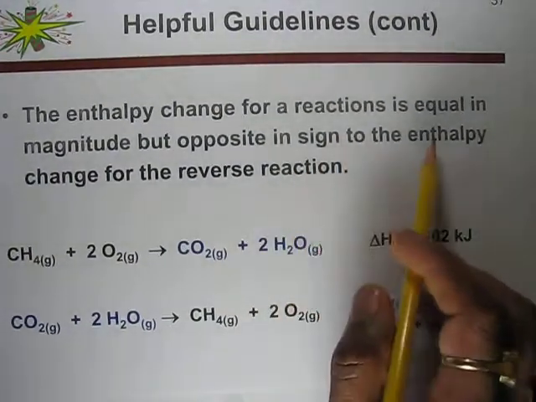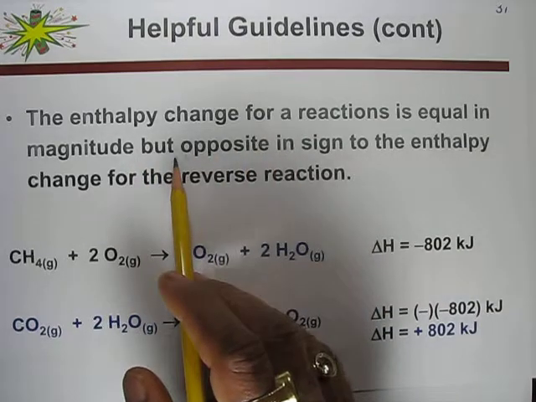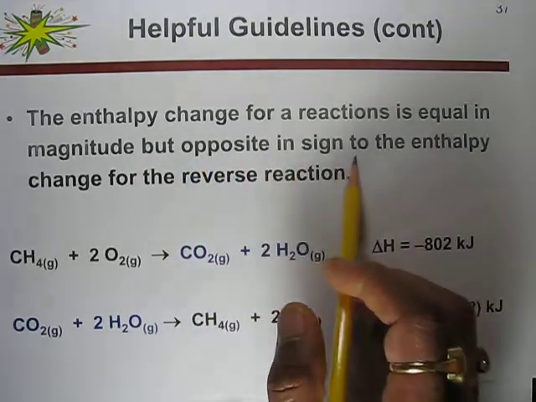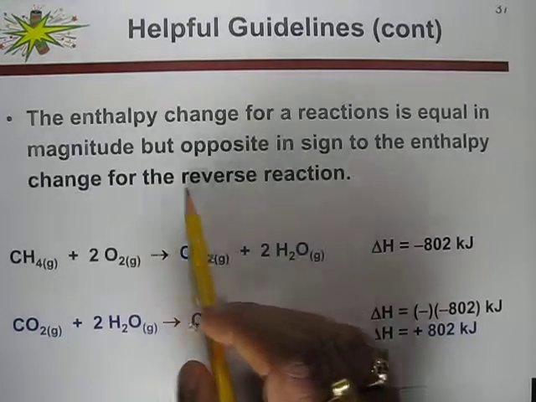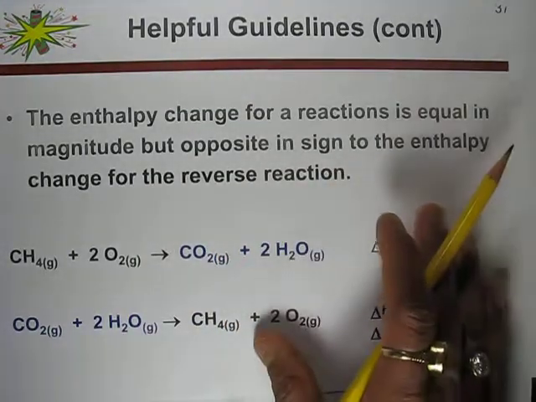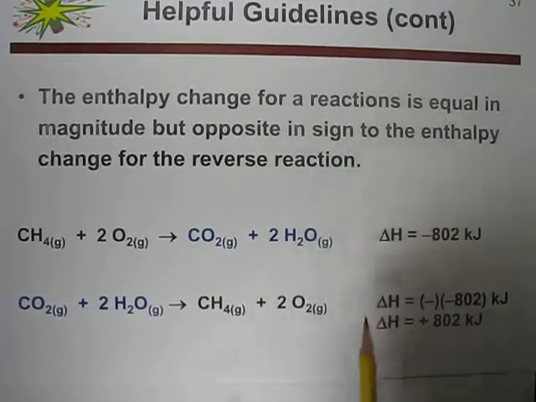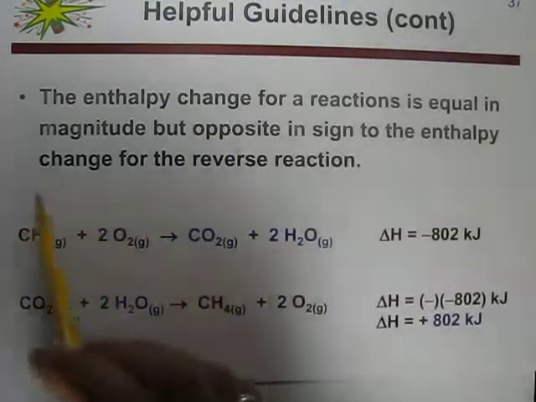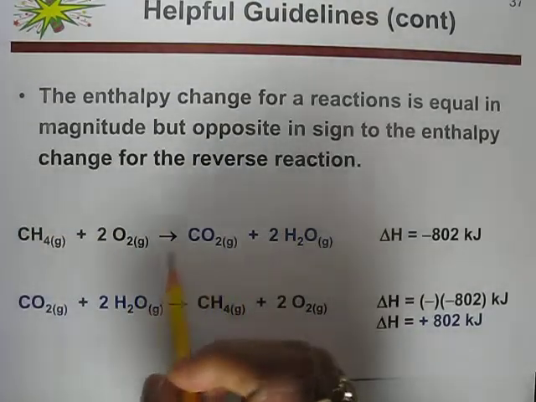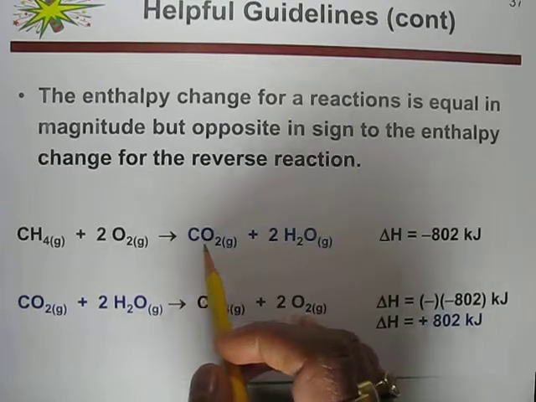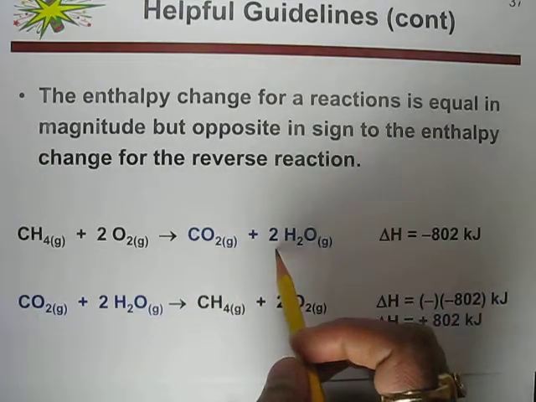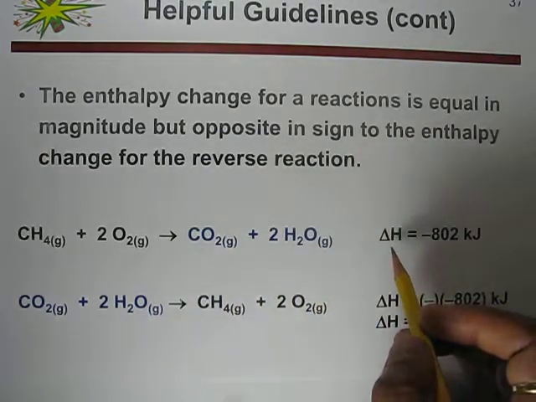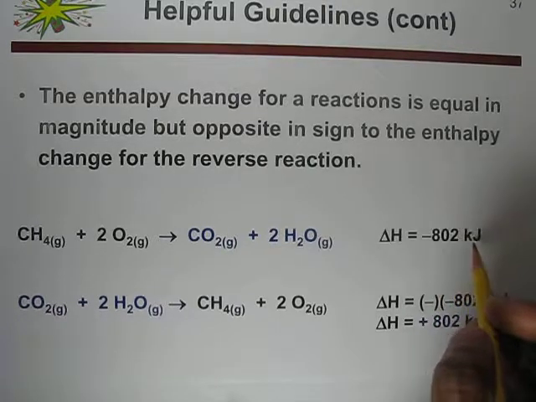that the enthalpy change for a reaction is equal in magnitude but opposite in sign to the enthalpy change for the reverse reaction. We saw in the previous slide that when 1 mole of methane gas is burned to produce 1 mole of carbon dioxide and 2 moles of water molecules, it produces 802 kilojoules.